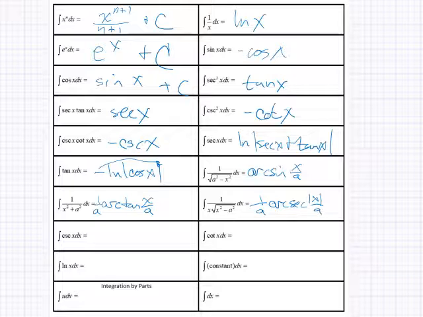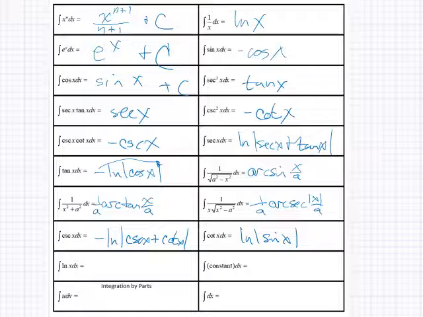Cosecant x by itself is going to give you your negative natural log of the cosecant x plus cotangent x. Cotangent x is going to give you the log of the sine. The integral of the logarithm, while this is not one of, say, your basic integrals, it's a fairly complicated integral.